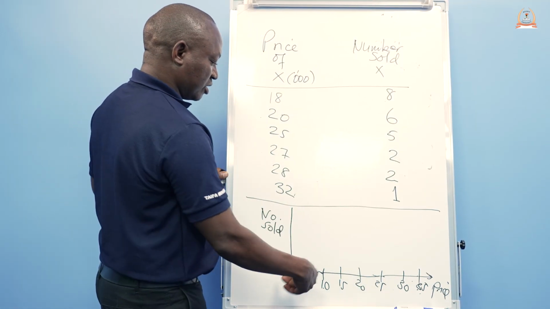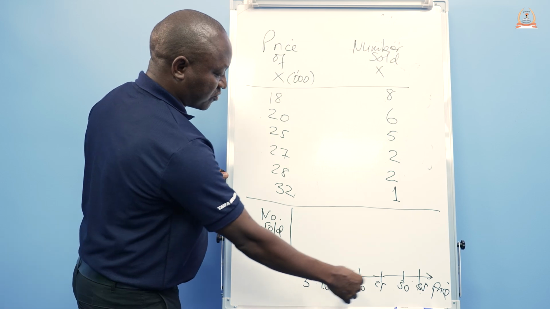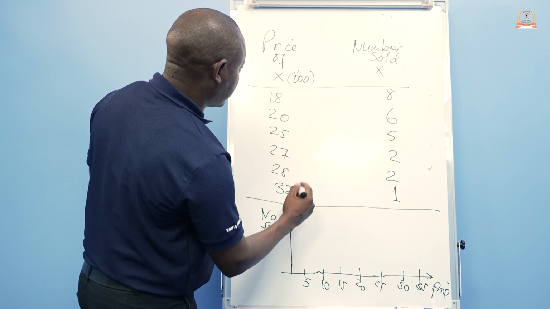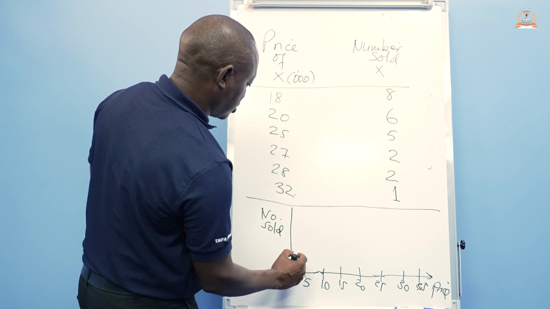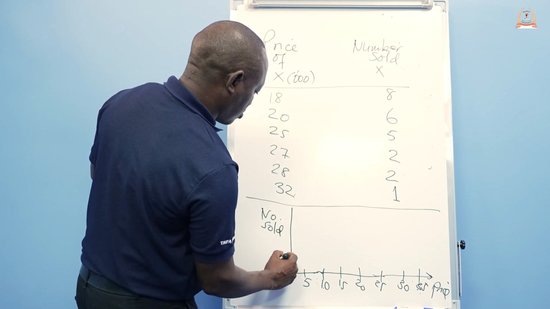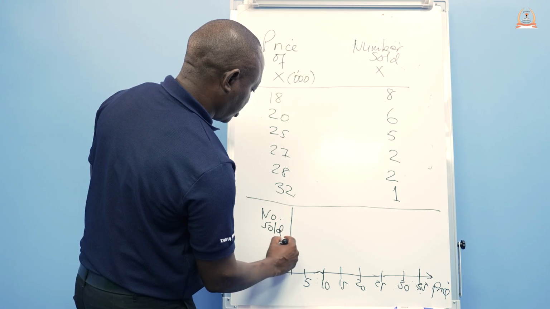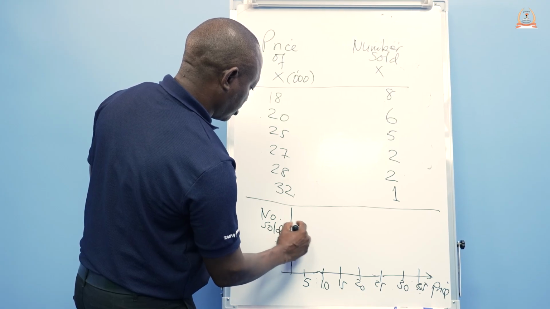So the horizontal axis is for price, but the vertical axis is for the number sold. We have here 1, 2, 3, 4, 5, 6.